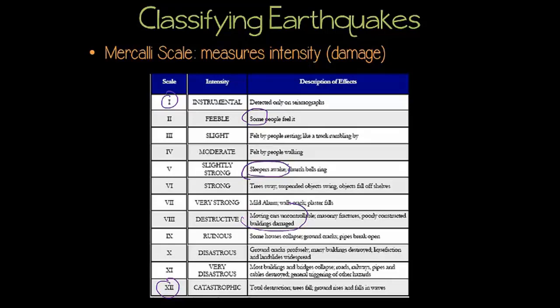So the Richter scale will tell you in math exactly how strong the earthquake energy was, while the Mercalli scale will use descriptions to give you an idea of how much damage the earthquake caused. And a lot of scientists use both scales together to determine how bad an earthquake was and why it caused the damage that it did.